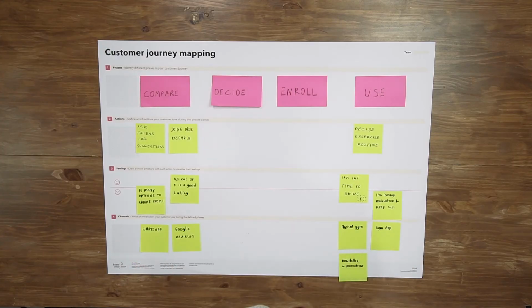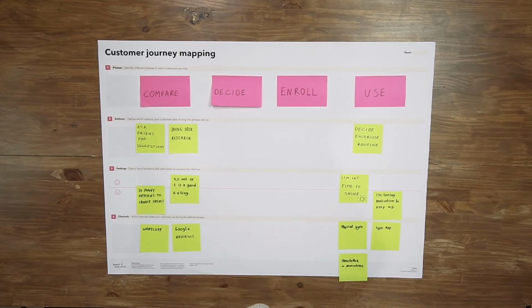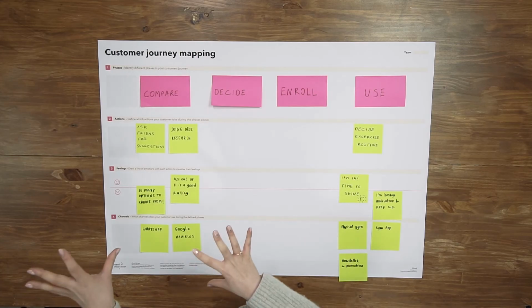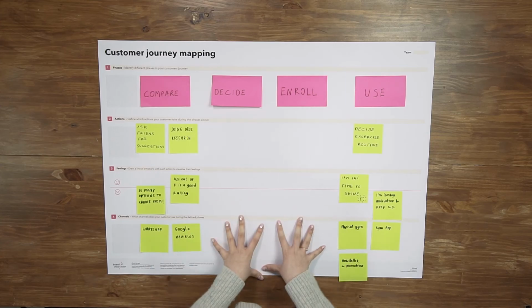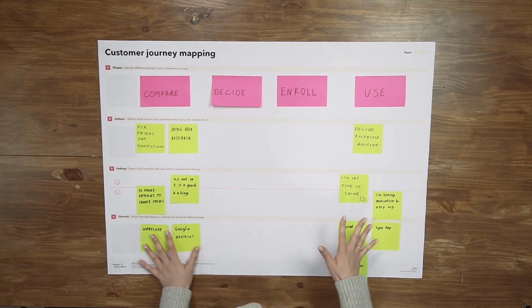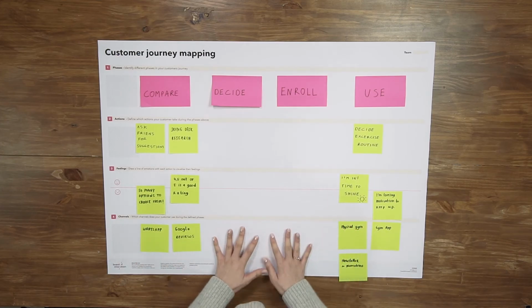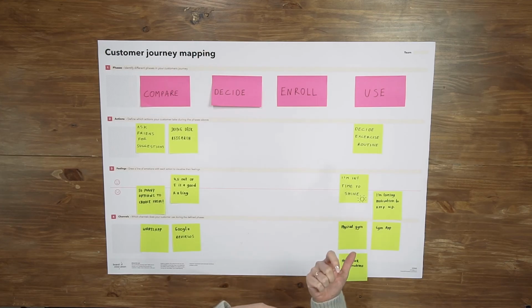So this is the customer journey map, and as with any tool, it is not a linear process. This tool is usually used after you have conducted the problem exploration, after you have defined the persona and the customer canvas. Once you have done that, you will move to the customer journey in order to map out the various journeys that your persona or customer goes through in order to make their decisions.